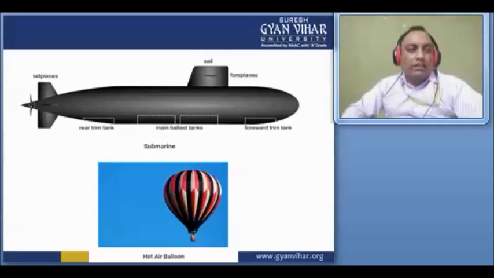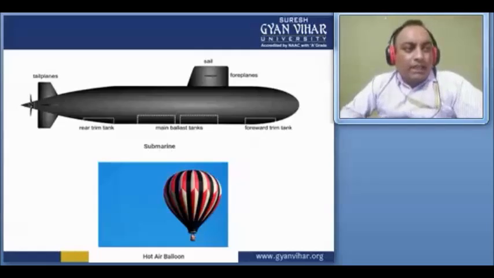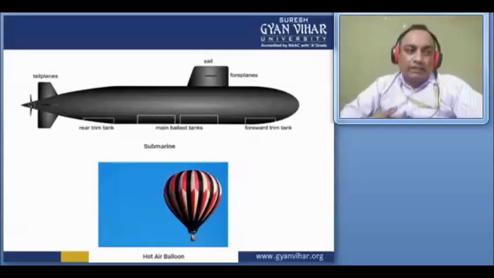A ship is constructed so that its shape is hollow, to make the overall density of the ship lesser than the sea water. Therefore, the buoyant force acting on the ship is large enough to support its weight.